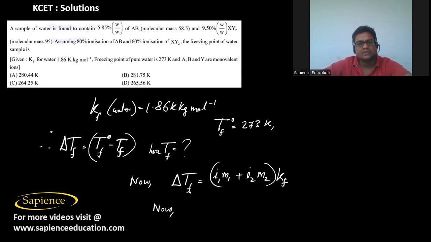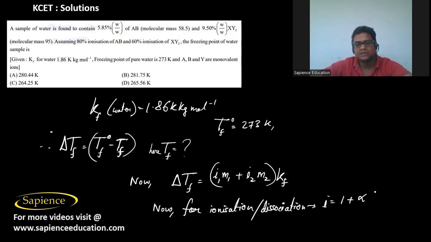So now here there is ionization. So for ionization, or we can say for dissociation, we have i value that will be equal to 1 plus alpha into n minus 1, where n is the number of ions which are formed, and alpha is the degree of ionization, or the degree of dissociation.